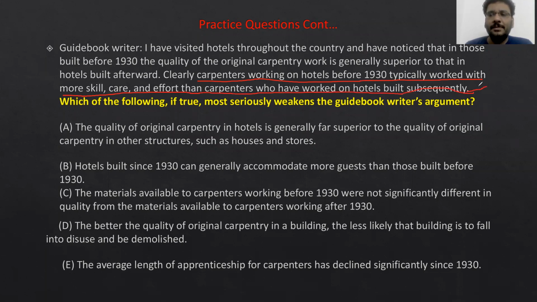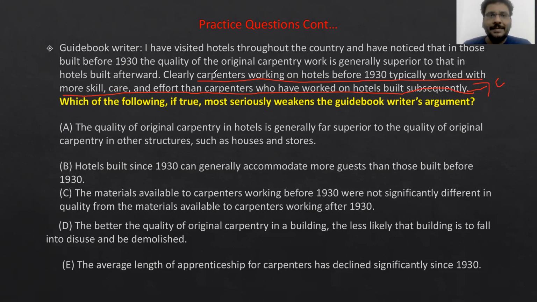Now, that's your conclusion of the argument, right? Now, on what basis does the author come to this conclusion that these carpenters who worked before 1930 have more skill and care than those carpenters who come subsequently?